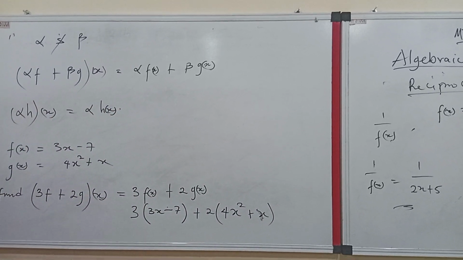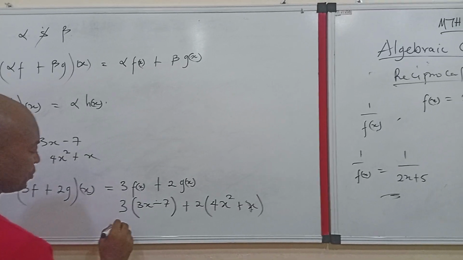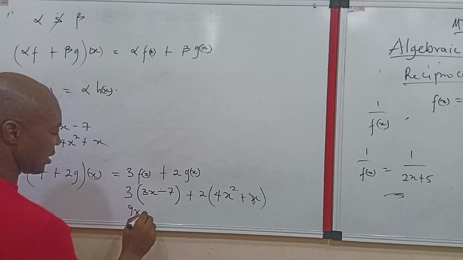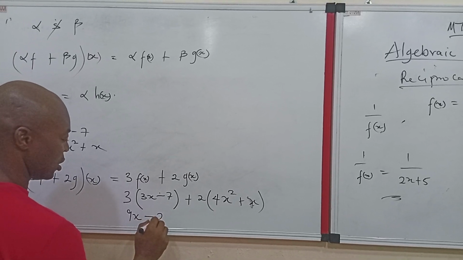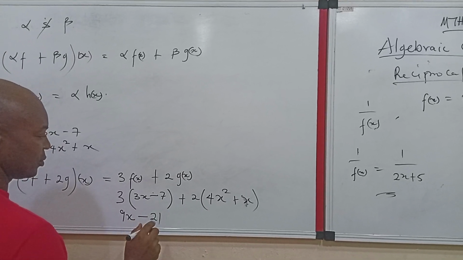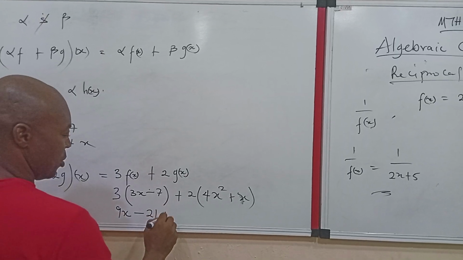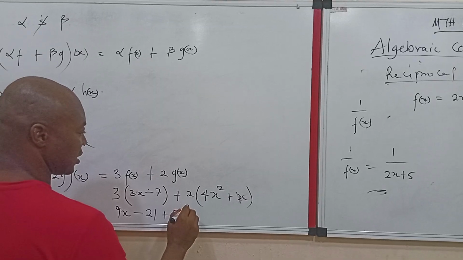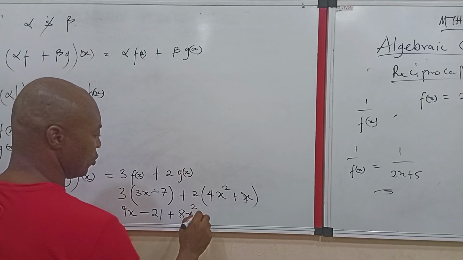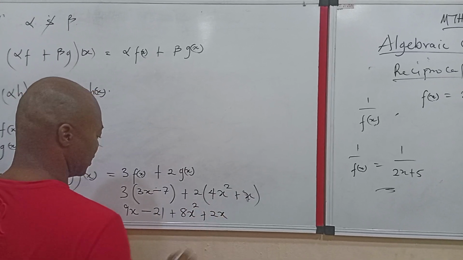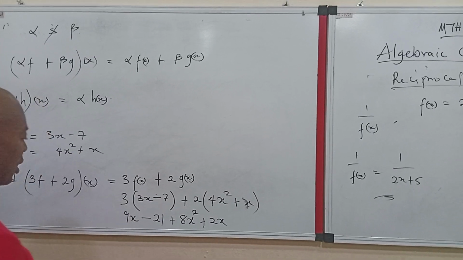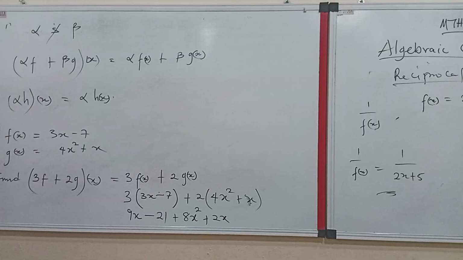Now, if you open the brackets, this will give you 9x minus 21, plus 8x squared, plus 2x. So there are like terms that you can collect in order to tidy the expression.